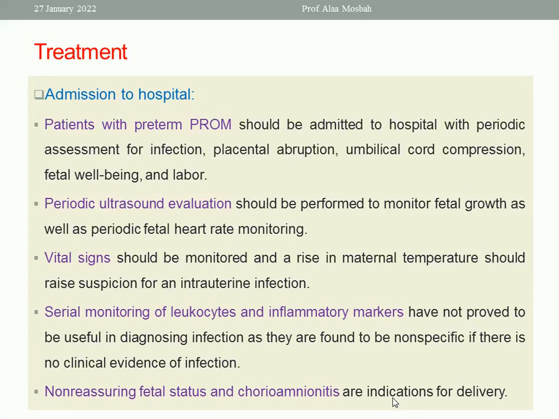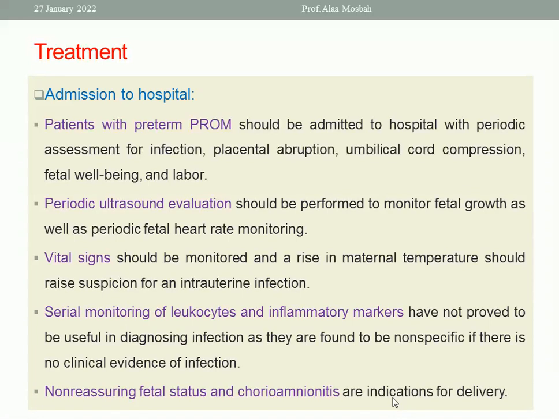Okay? Of course, with giving the patient broad spectrum antibiotics. But no conservative treatment if we have infection like chorioamnionitis. We should terminate pregnancy, regardless the gestational age.